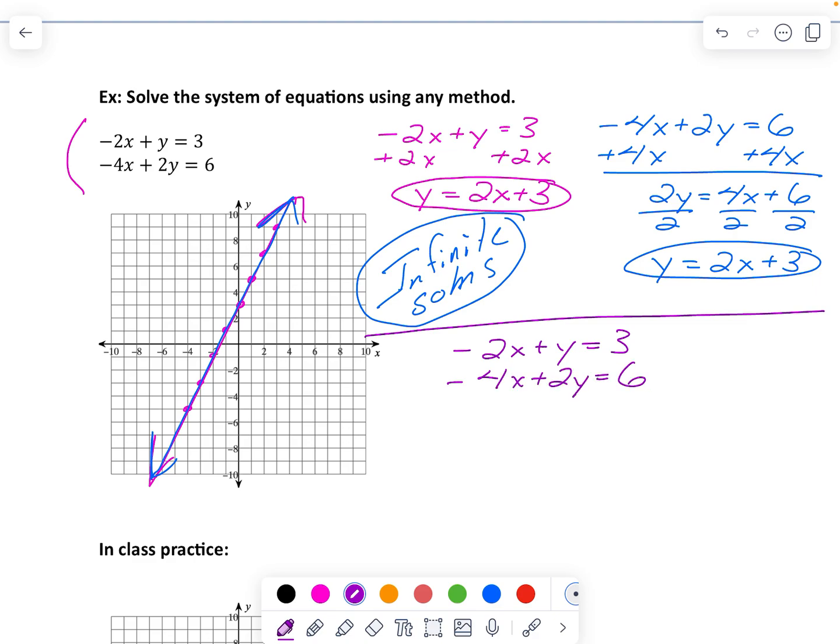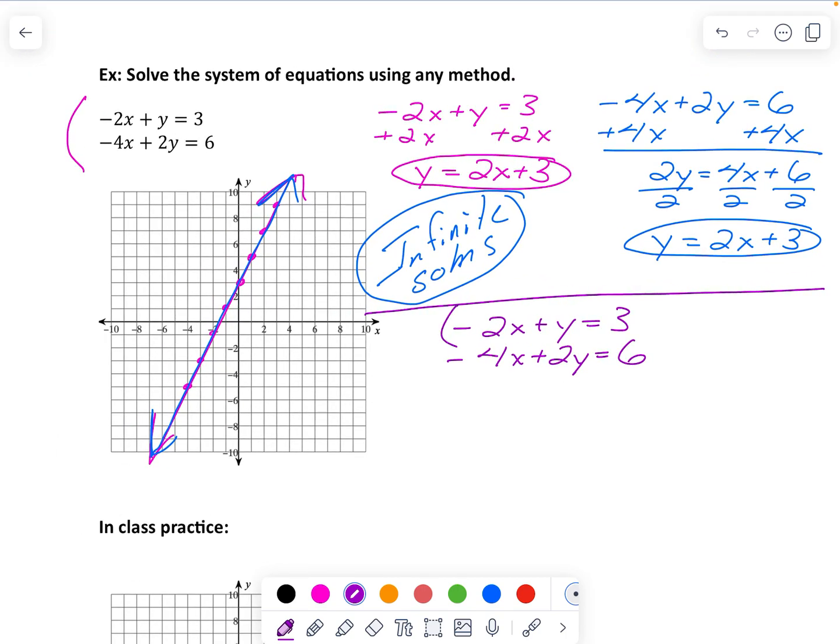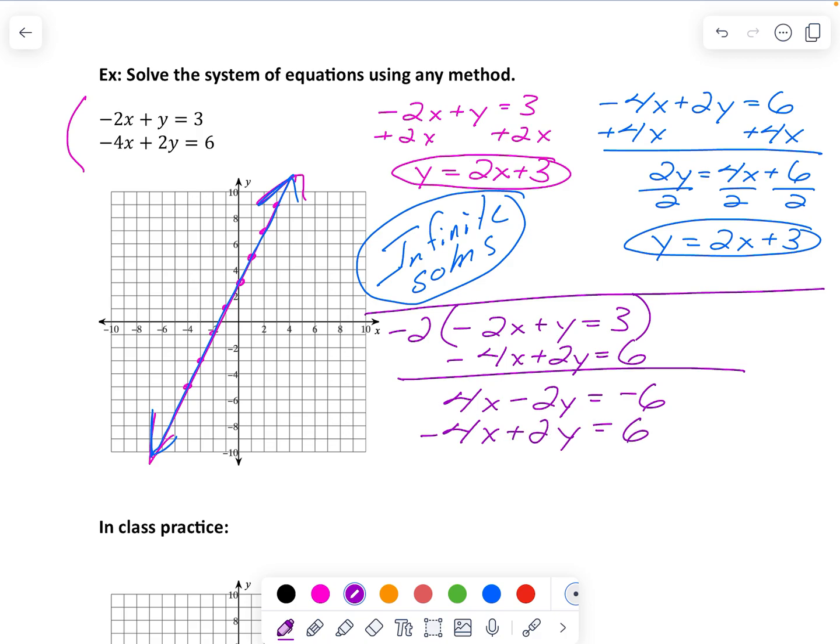And if we were going to solve this by elimination, we would multiply this first equation by -2 so that we get 4x minus 2y equals -6. And then recopying my second equation, I get that. Now, when I add them together, those cancel out, those cancel out, those cancel out.